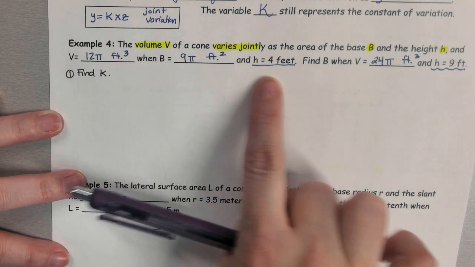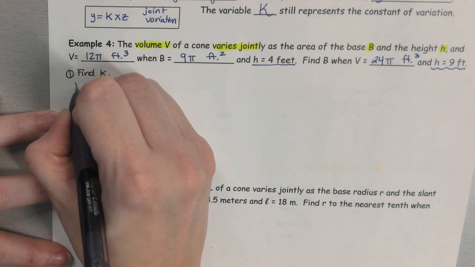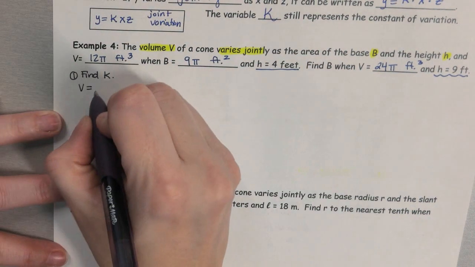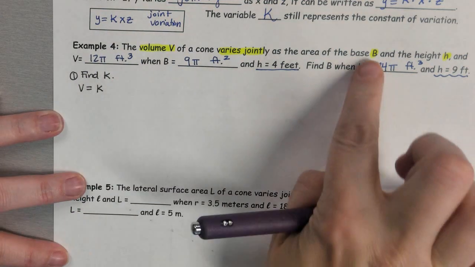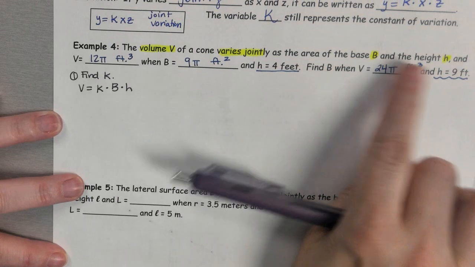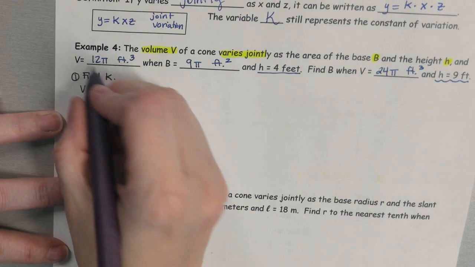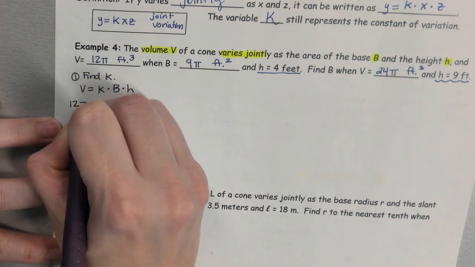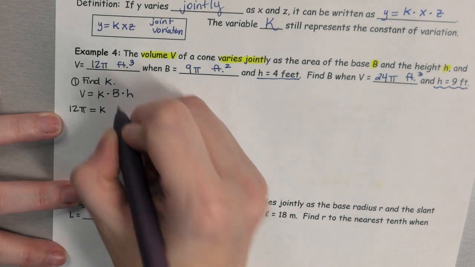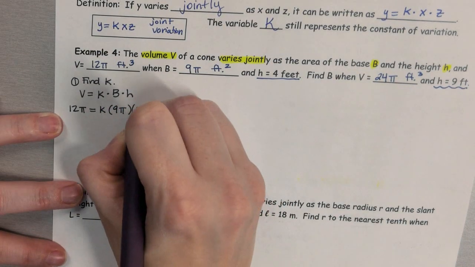They'll give you all three things so that you can solve for K. So the volume V, so V equals, and it varies jointly, so I'm going to put my K in there, and then it's going to be times B times H, so B and H. So now I'm going to substitute. So this is 12 pi. I do have to put the pi in there. And then I have K, 9 pi times 4.